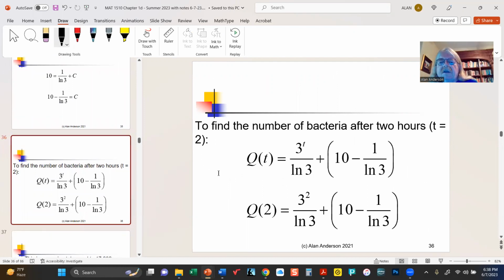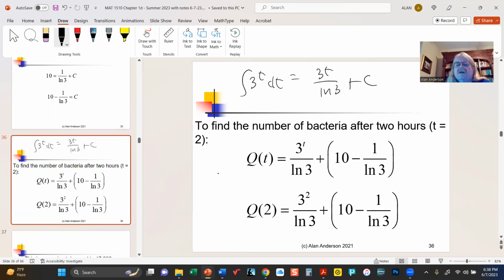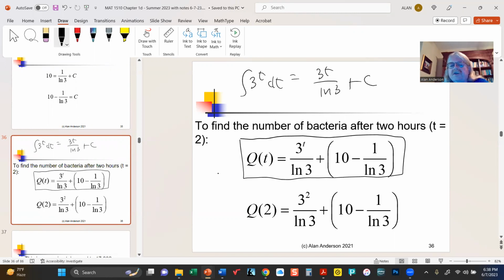So now, after 2 hours, remember, our final result was that the integral was 3 to the t over log 3 plus the constant. But since our constant is 10 minus 1 over log 3, this is now how we're going to figure out how much bacteria we have at any point in the future. After 2 hours, all the t's are replaced with 2.